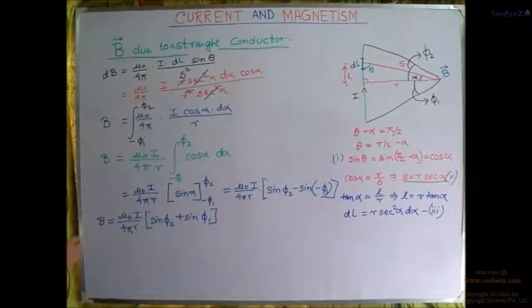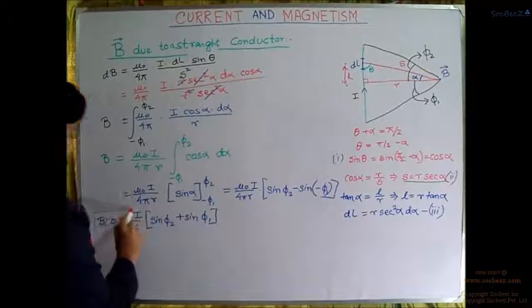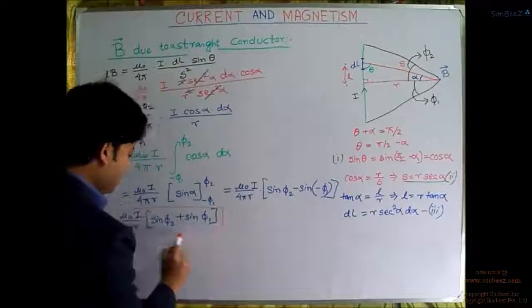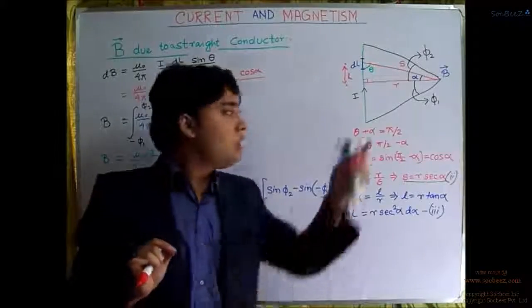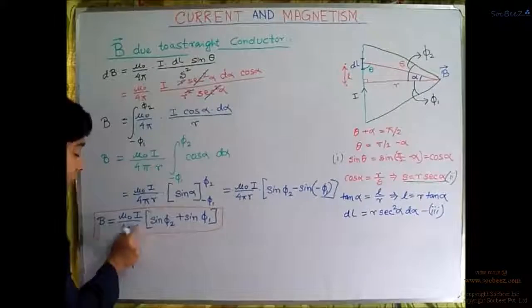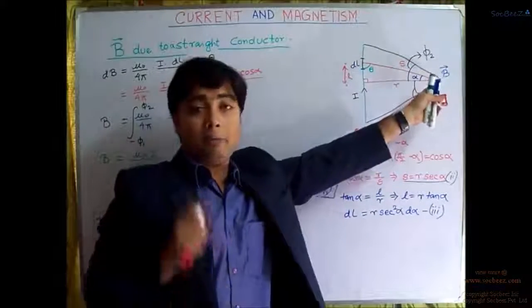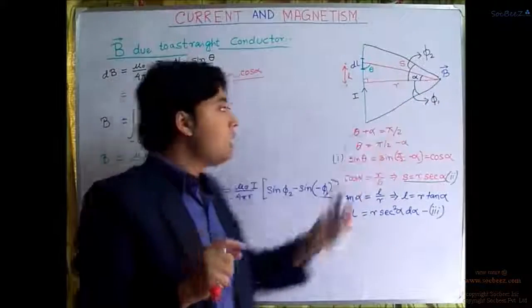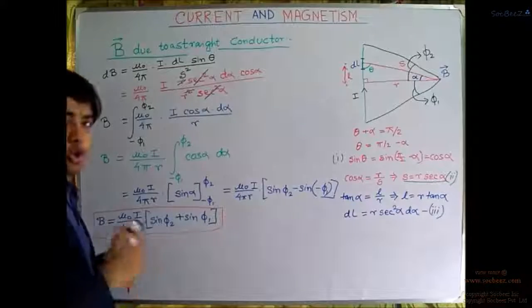So this is the expression for the magnetic field which is experienced at a particular point, separated by a distance of r. This is r, the perpendicular, the shortest distance. Now where is dl? There is no dl.